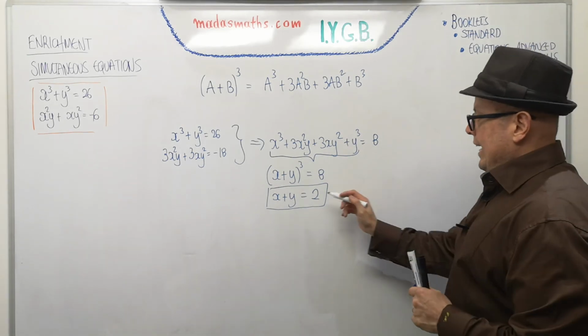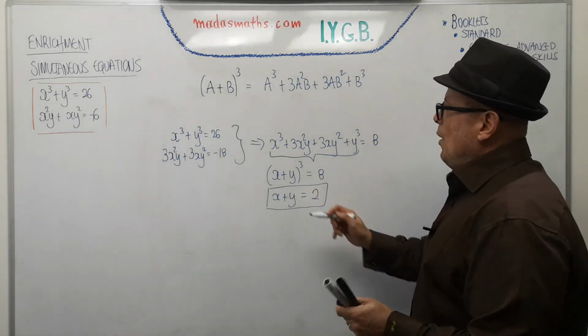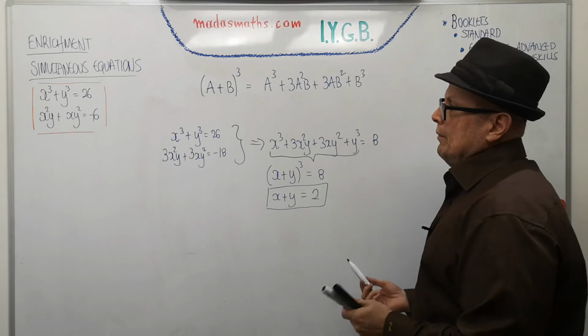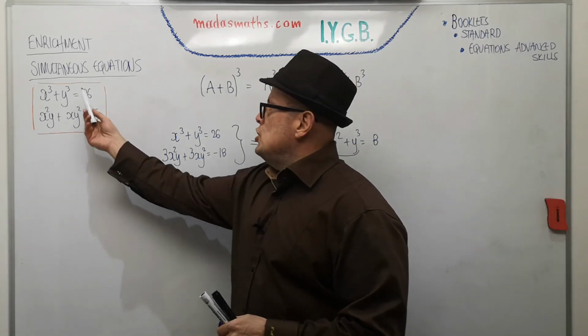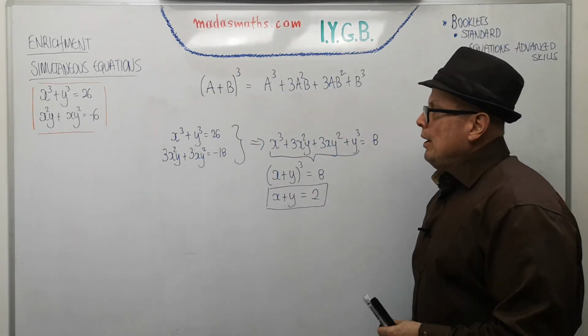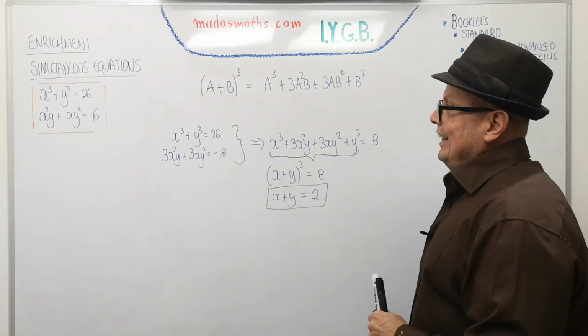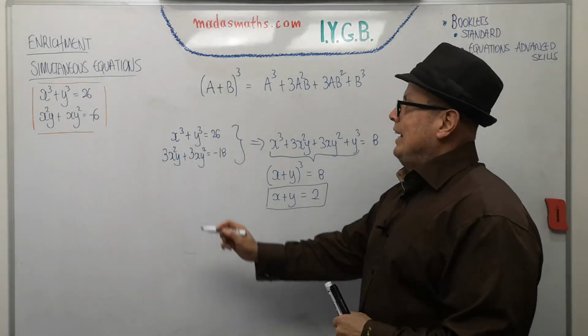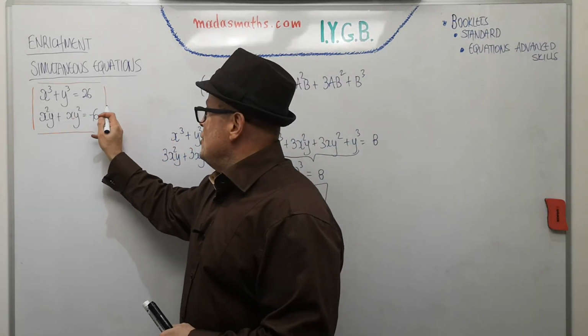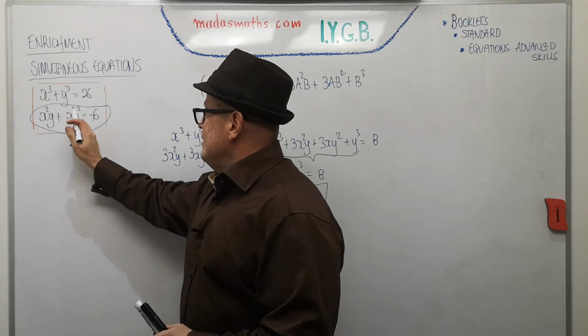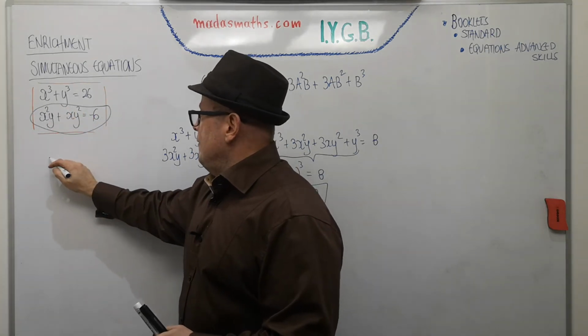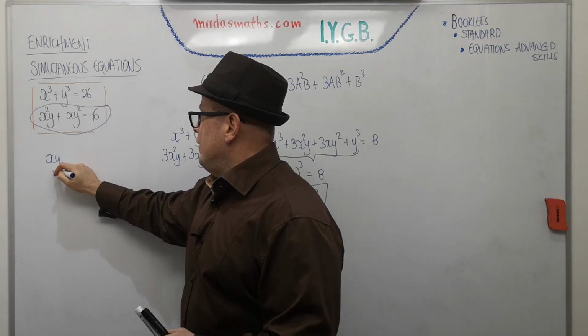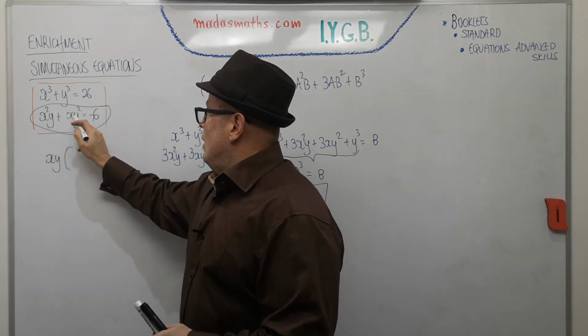I can at this stage solve for x or y because this is a much simpler equation, perhaps substitute into any of these, but I reckon I can do better than that in this particular case. Let's look at this particular equation and let's rewrite it, because of course on the left hand side there is a common factor of xy and xy.